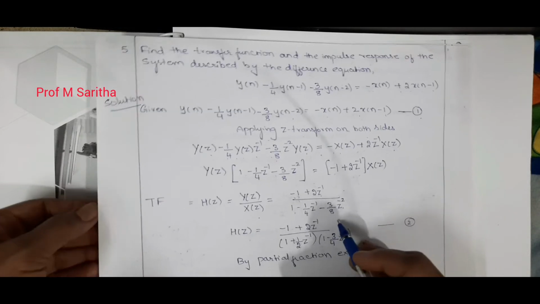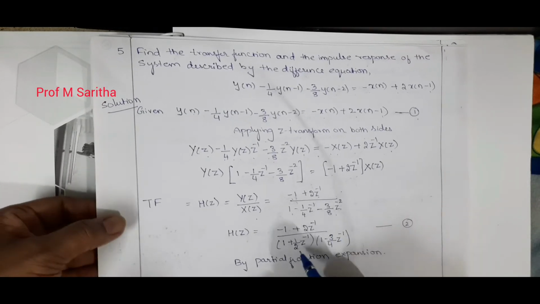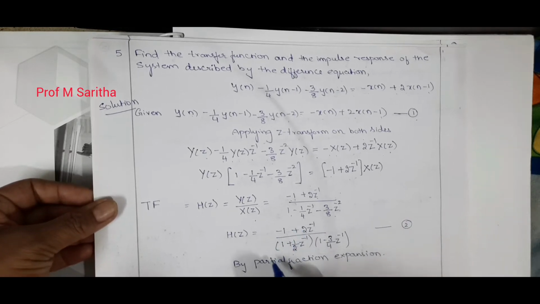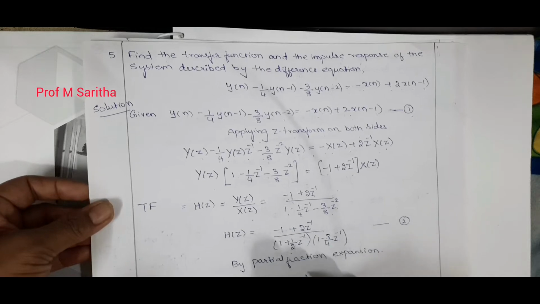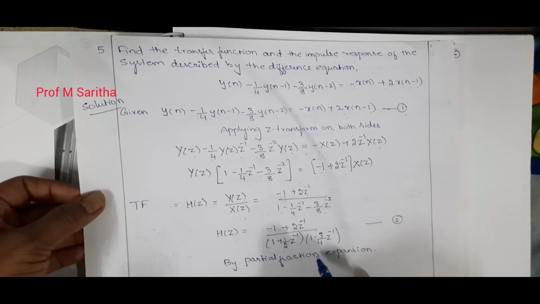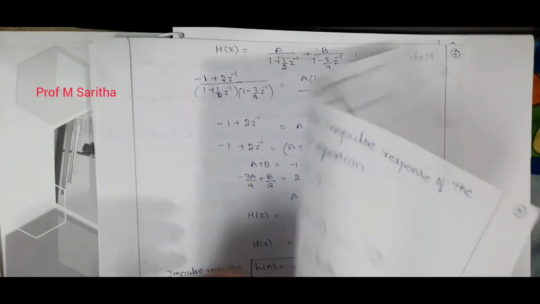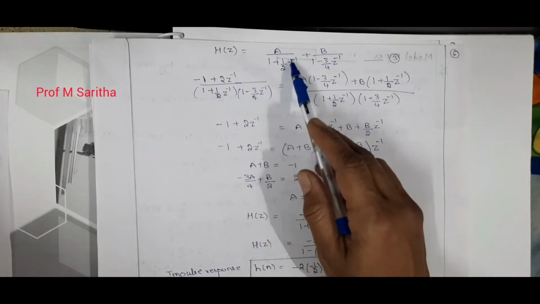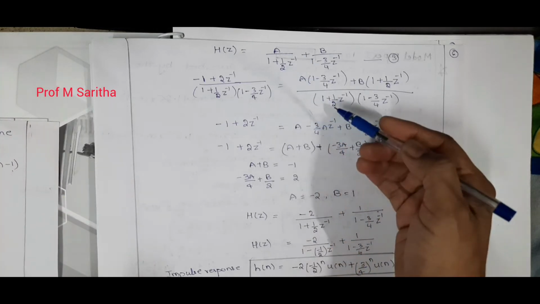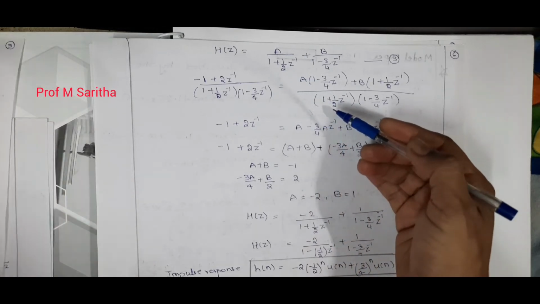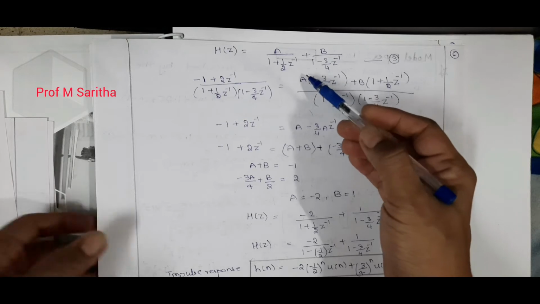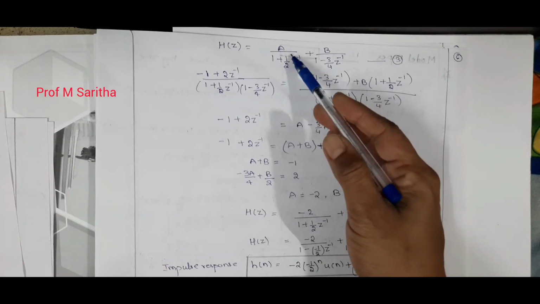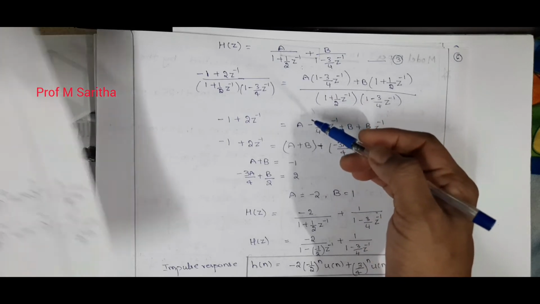Now splitting the denominator into factors, we get this one. Now applying partial fractions expansion to this expression, we get h of z is equal to, let us see how to simplify partial fractions.